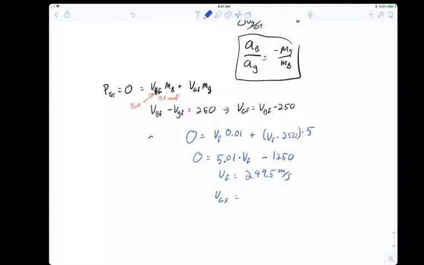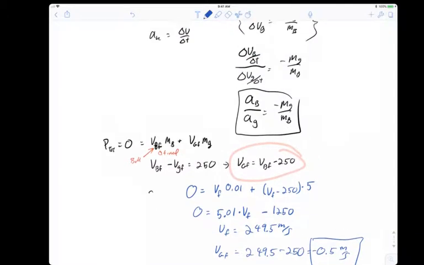We're using this equation here. It's going to be 249.5 minus 250. So that's negative 0.5 meters per second. It's the velocity of the gun after you fired it.